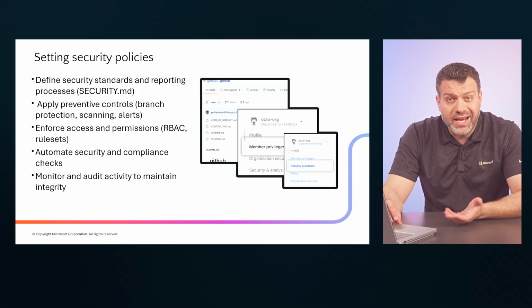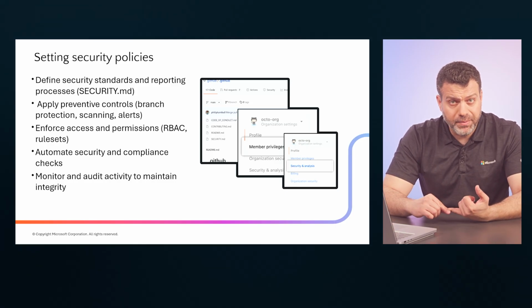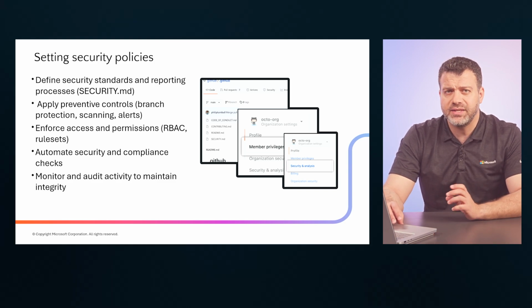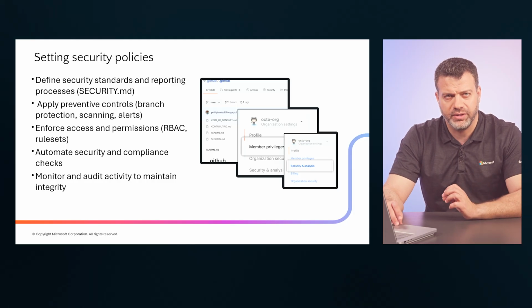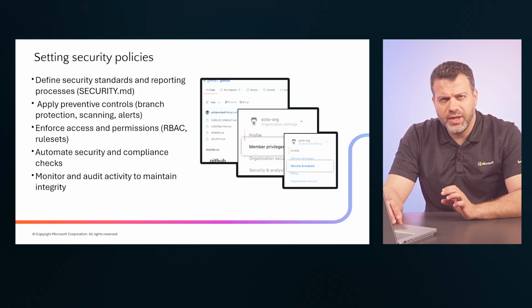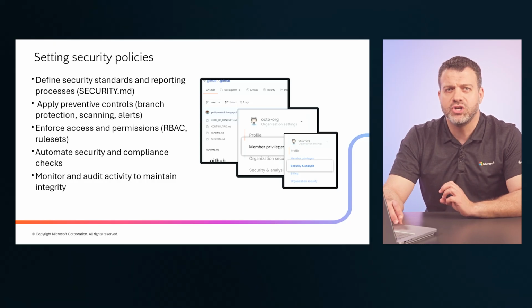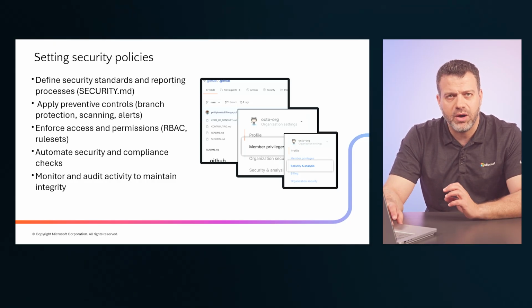Then we layer in access control, using role-based permissions and rule sets, so the right people can make changes and nothing slips through unintentionally. But the real power comes from automation. Tools like Dependabot, code scanning, and security rule sets continuously enforce best practices without slowing your team down.